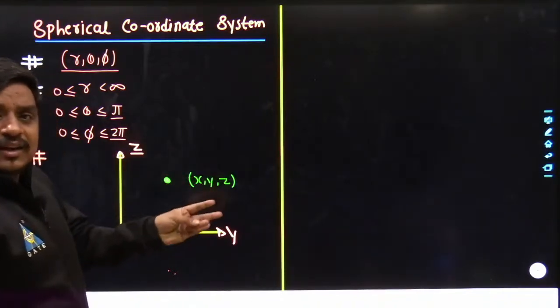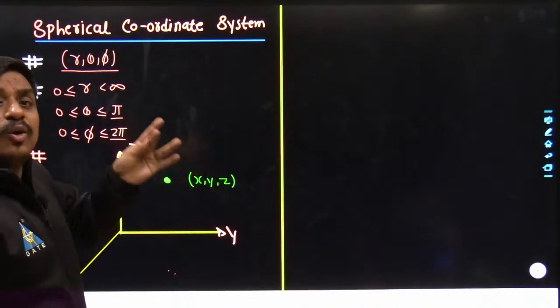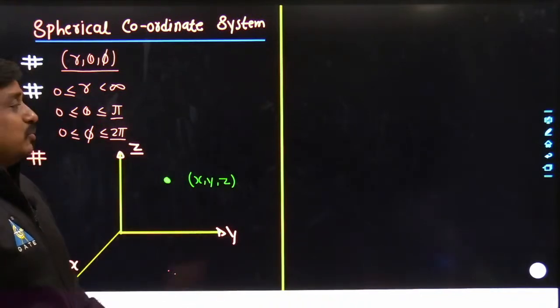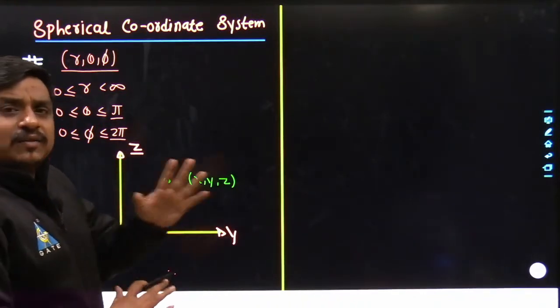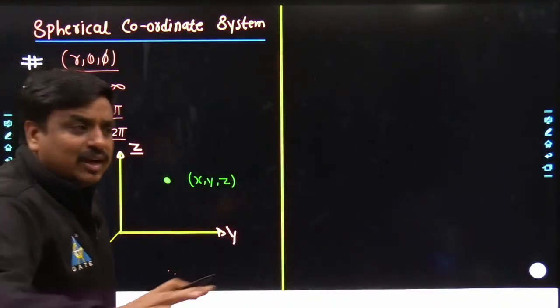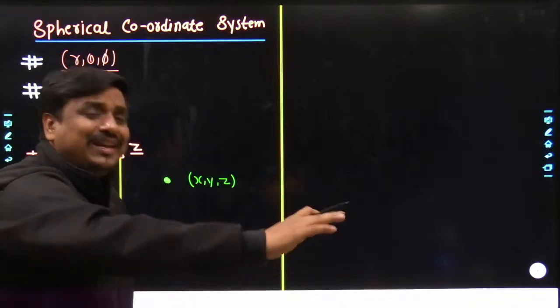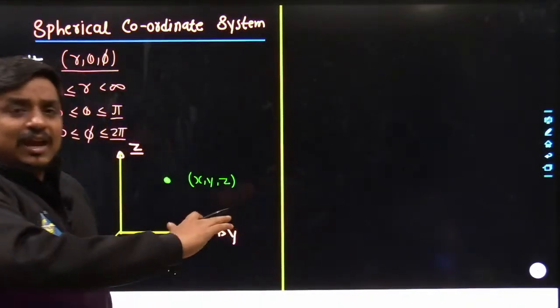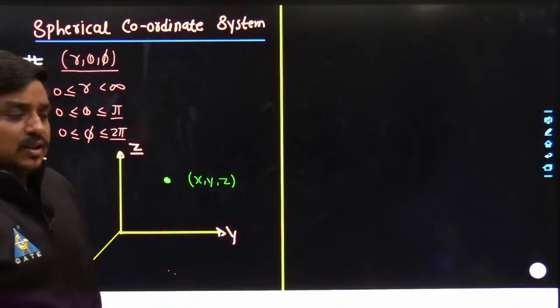I would involve the cylindrical coordinate system, and in the end I will also involve the spherical coordinate system, so that overall you will have a fair connectivity between all of the coordinate systems. All coordinate systems are interchangeable at any moment of time. Any vector quantity, any point in 3D space can be brought from one to another.